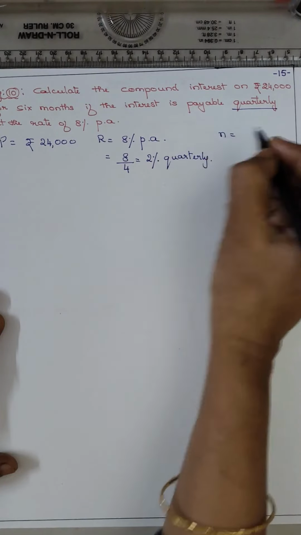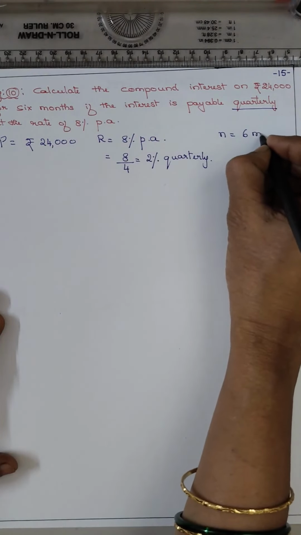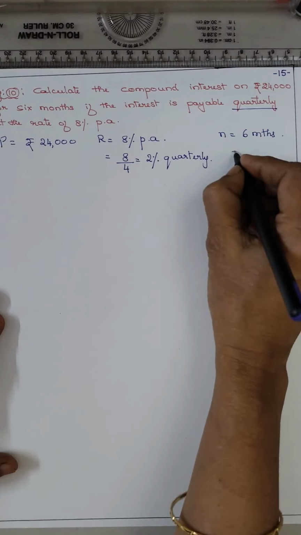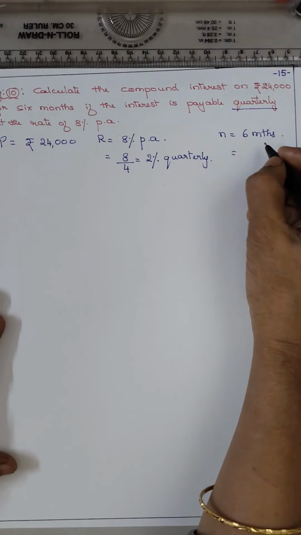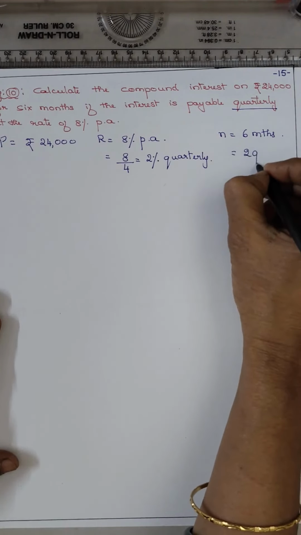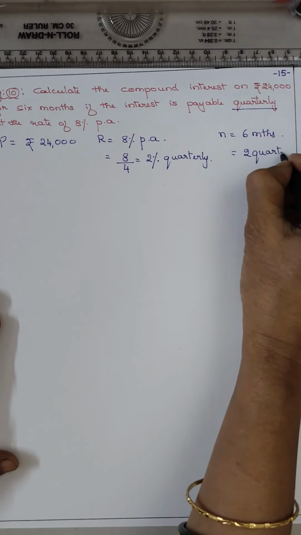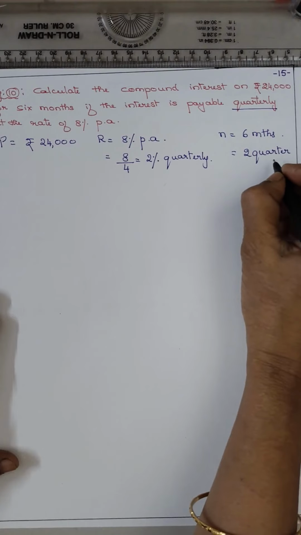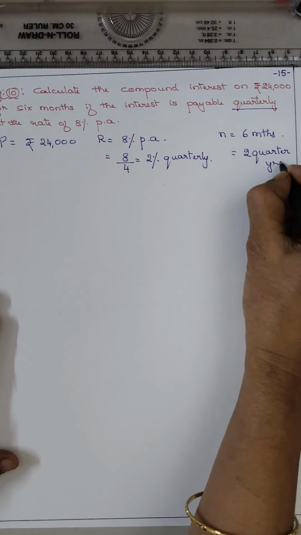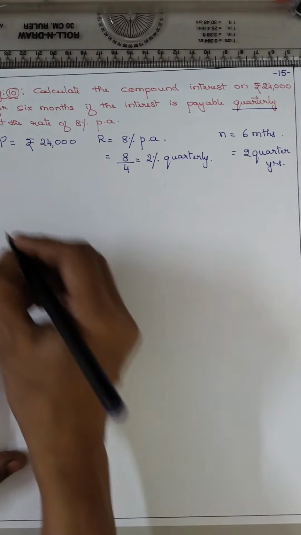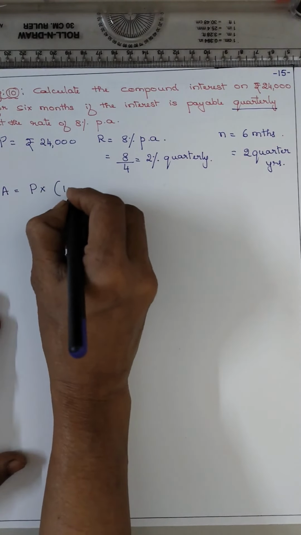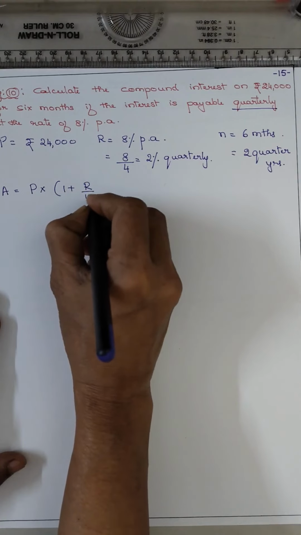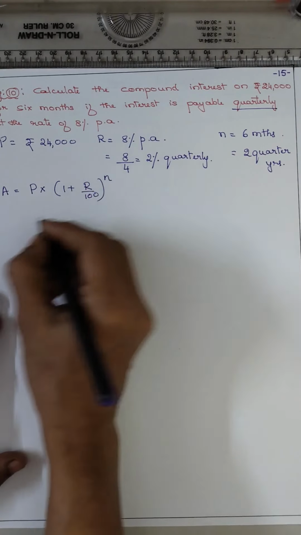Now N is equal to 6 months. 6 months means how many quarter years? 1 quarter is 3 months, isn't it? So it will be 2 quarter years. Now A is equal to P into 1 plus R upon 100 the whole raised to N.